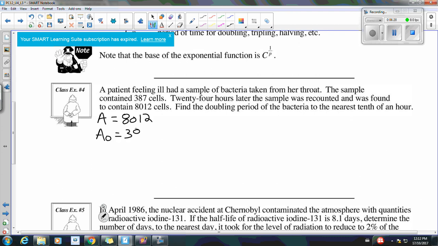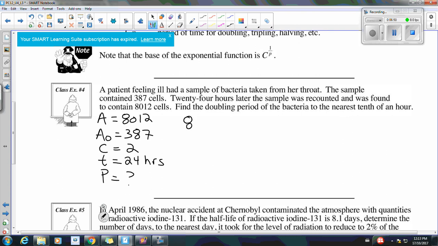Our initial amount was 387. Our rate, since it wants us to find doubling time, is 2. The amount of time this took was 24 hours. And we want to know how long it takes to double, so we want to know the period.